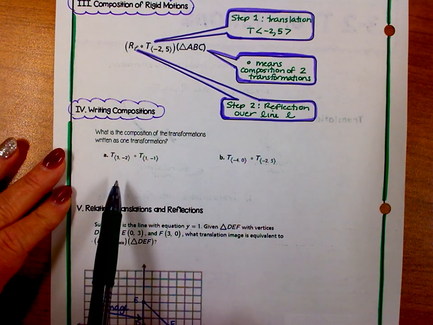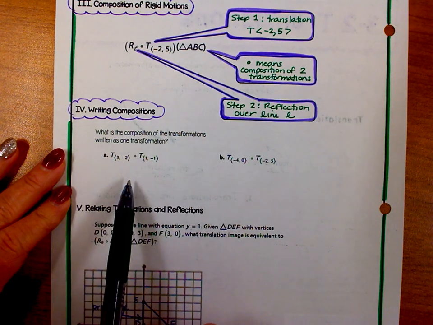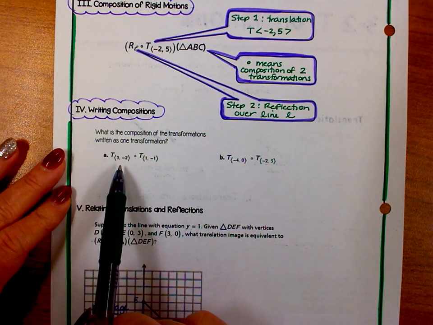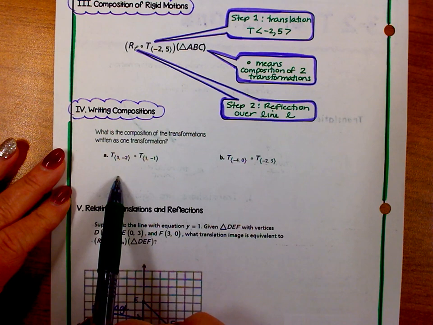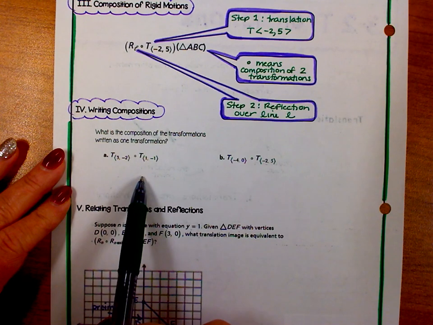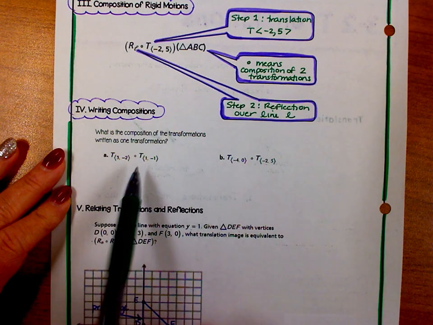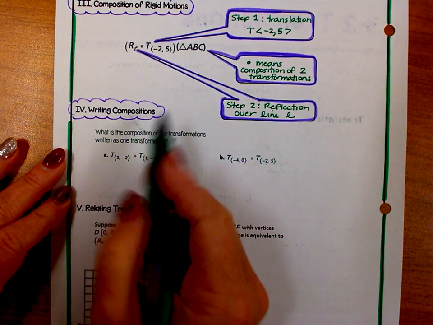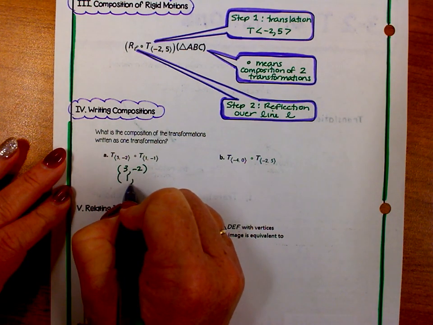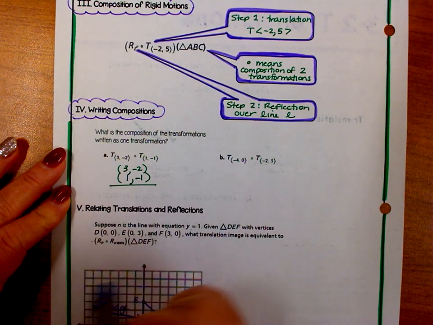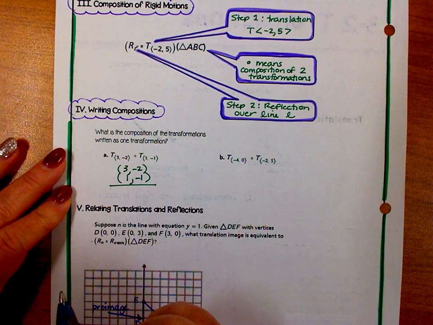So if we're looking at these two translations right here, we're going to go to the right 3 and down 2, and to the right 1 and down 1. We can add those together: 3, -2 and 1, -1, and turn it into one transformation.